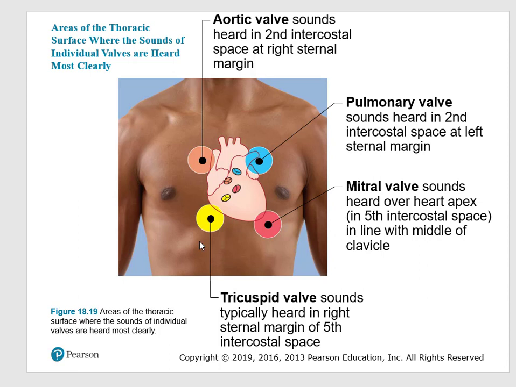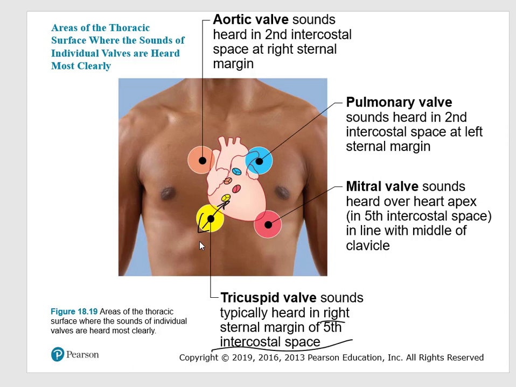But the valves are predominantly heard in certain parts of your thoracic cage. Depending on which valve, you have certain areas where they are more predominantly heard, and this is the picture of those. So here's your tricuspid valve right here, the yellow one. The sound goes in this direction towards the fifth intercostal space on the right sternal margin.